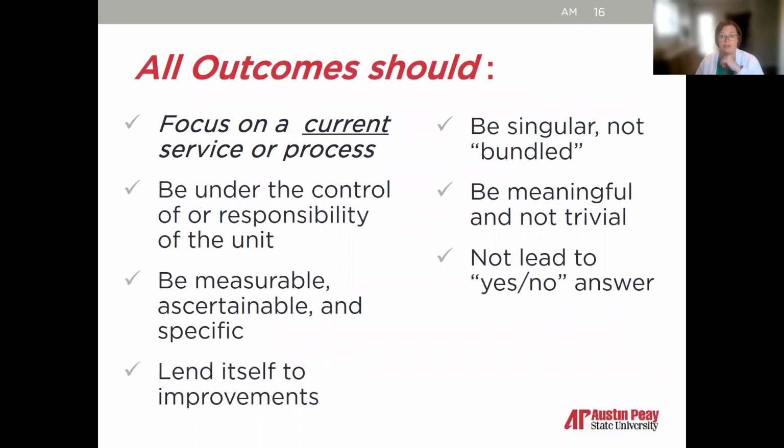Any outcome, whether it's an SLO or an AUO, should focus on that current service or process. This one is important. It should be under the control or responsibility of your unit. This was actually kind of challenging for us in IEA when we came up with our outcomes, because a lot of what we do, and a lot of what you all do, is support others in the things that they're doing to achieve a goal, right? So it's like, I can't make every unit do XYZ, but I support them to do that.